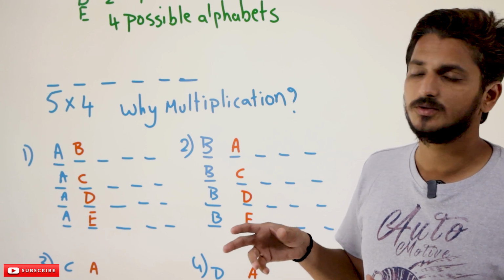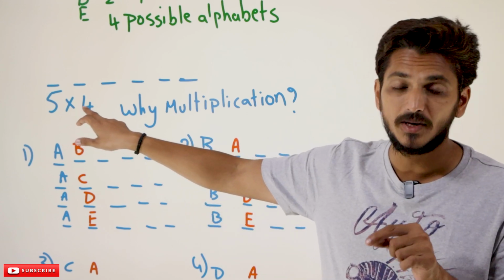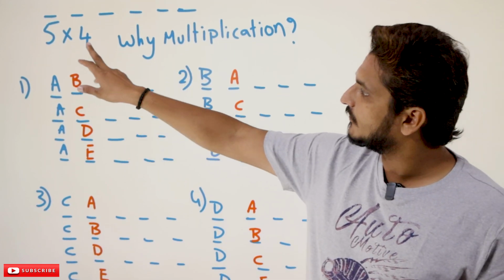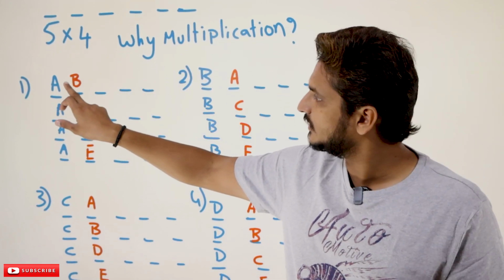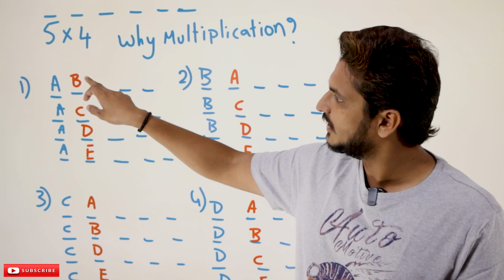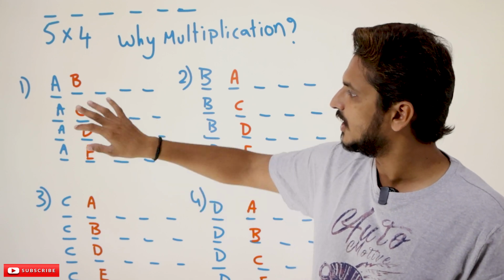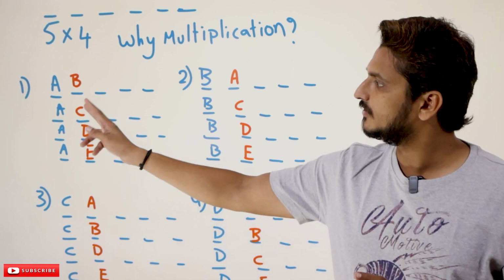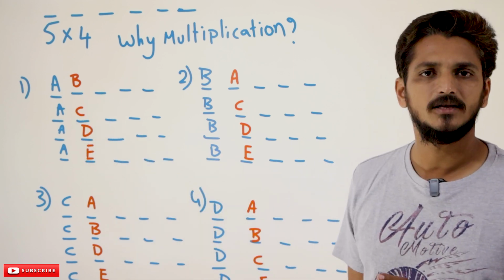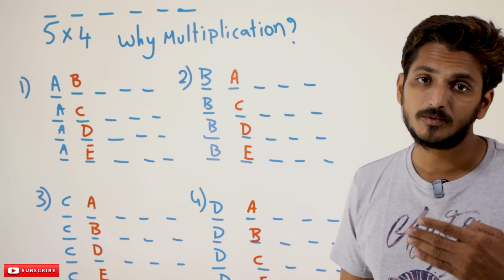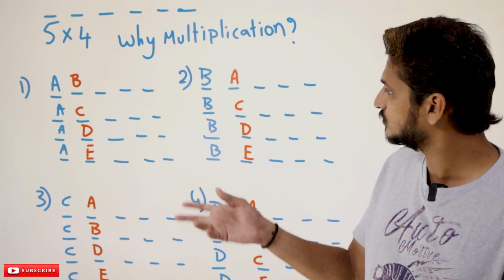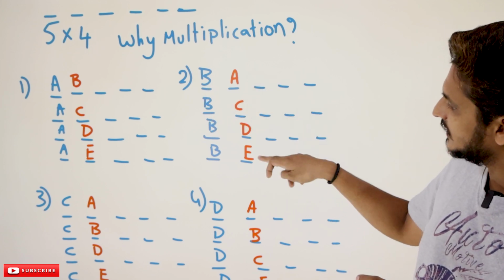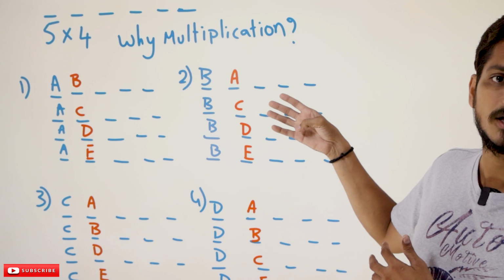Why 20 different possibilities? Why are we using multiplication here? The explanation is: if you choose the first position with A, the second position can be filled with B, C, D, E. So there are 4 different possibilities: AB, AC, AD, AE. Suppose you choose the first position with B, the second position can be filled with A, C, D, E, 4 different possibilities.